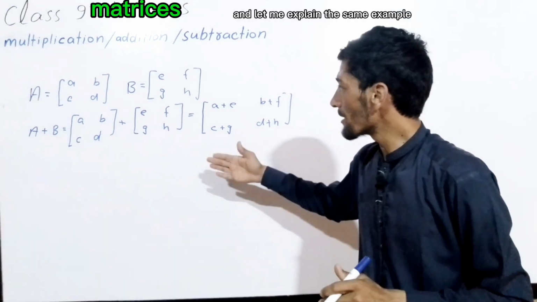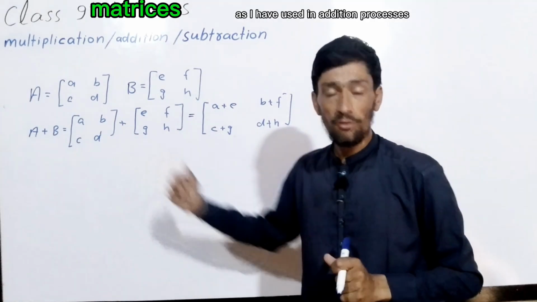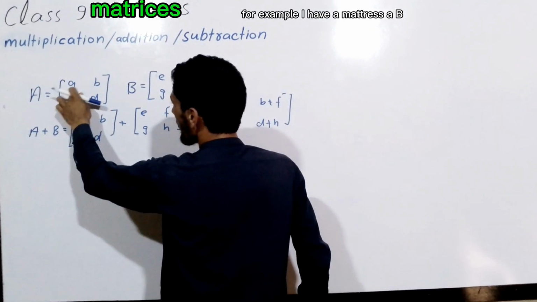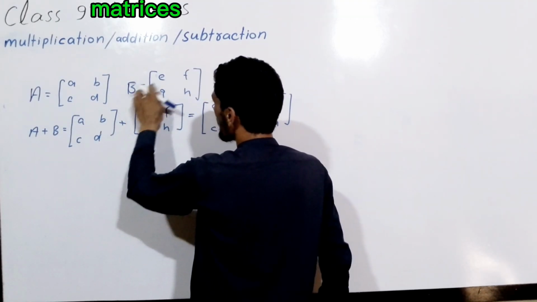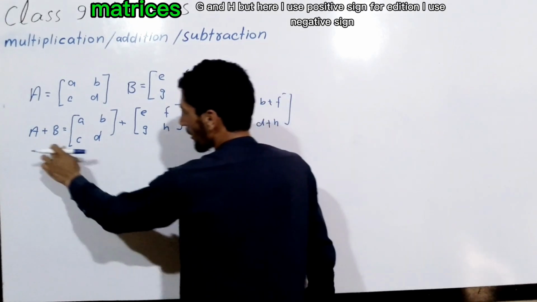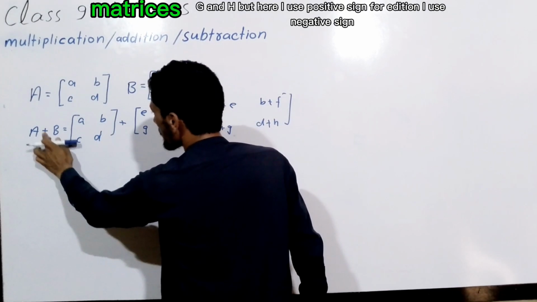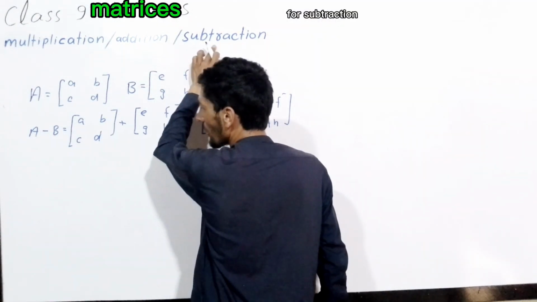Let me explain using the same example as in the addition process. I have matrix A: A, B, C, and D, and after that matrix B: E, F, G, and H. But here I used a positive sign for addition; I will use a negative sign for subtraction.